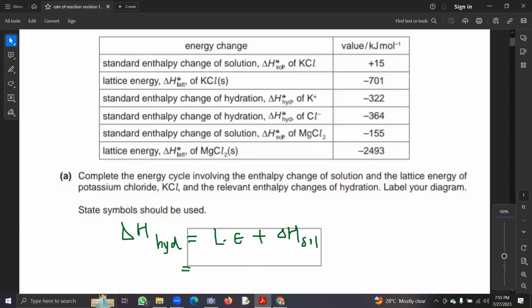First, the lattice energy value is given. That we'll put it. For magnesium chloride, we are doing, yes, correct. Then the solution value is also given, minus 151. When it comes to the hydration, magnesium hydration is not given, but chloride hydration is given.